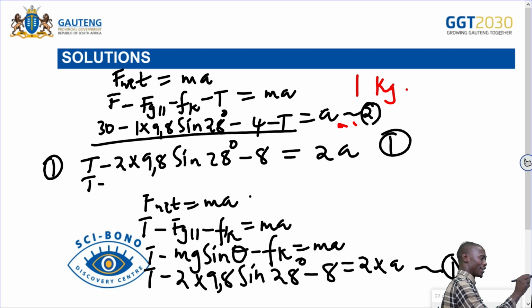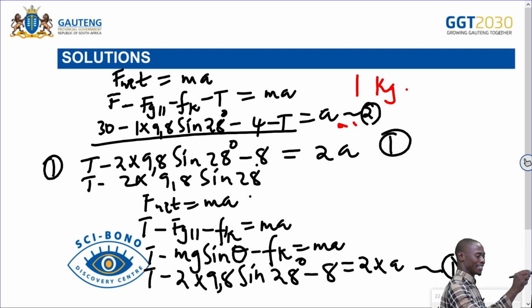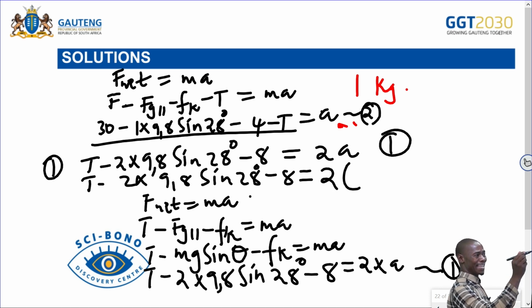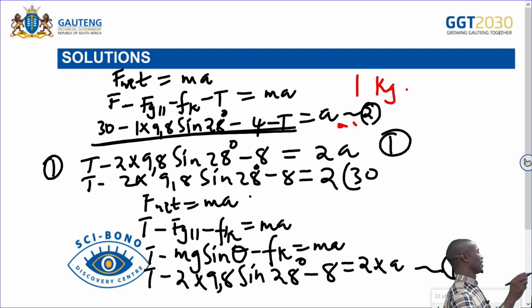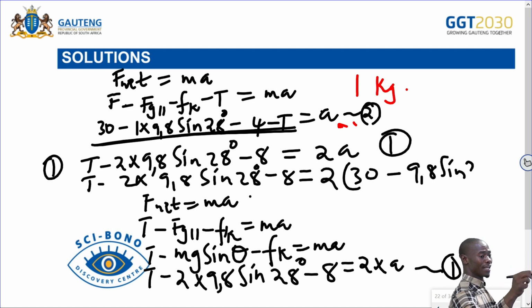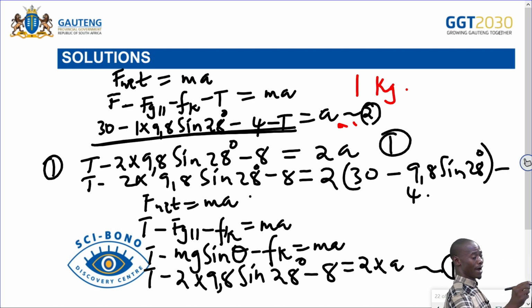So it's T minus 2 times 9.8 sine 28 degrees minus 8 equals 2 times, what is A? A is this. So it will be 30 minus 1 times 9.8 sine 28 degrees minus 4 minus T.